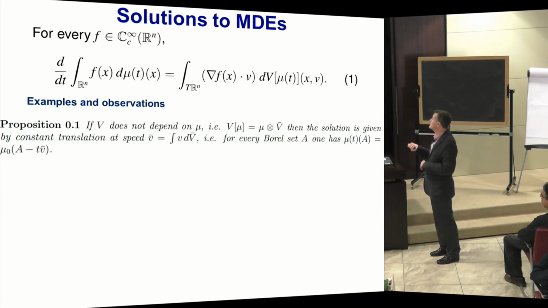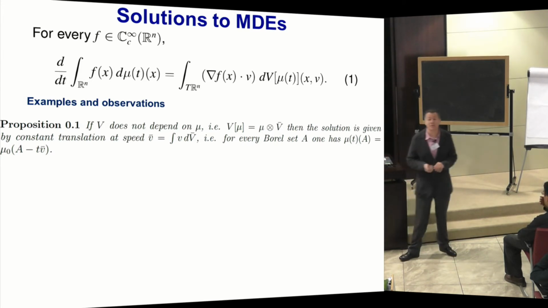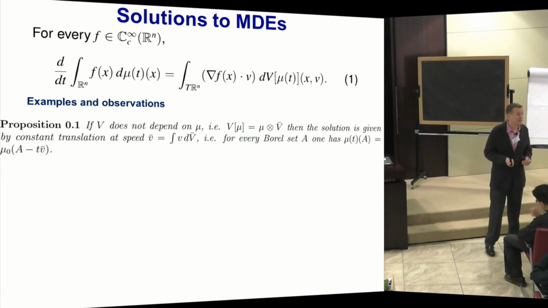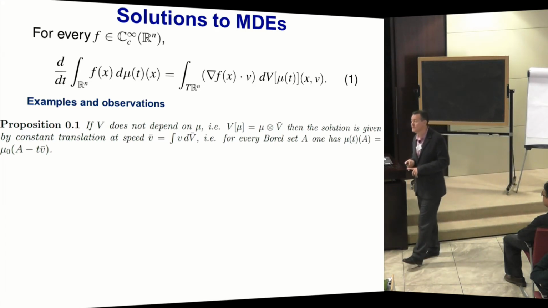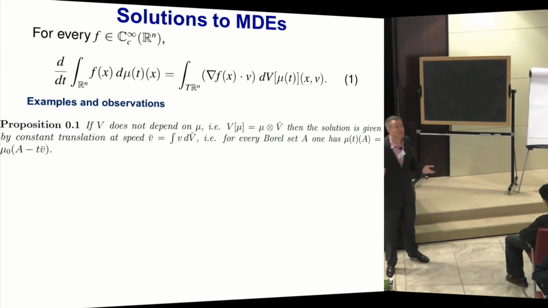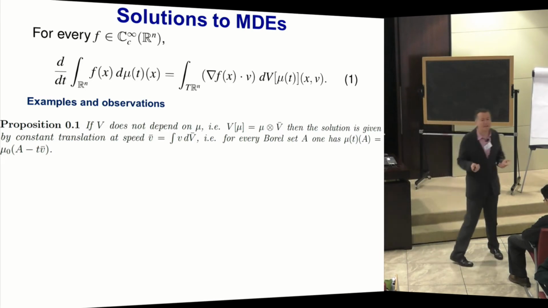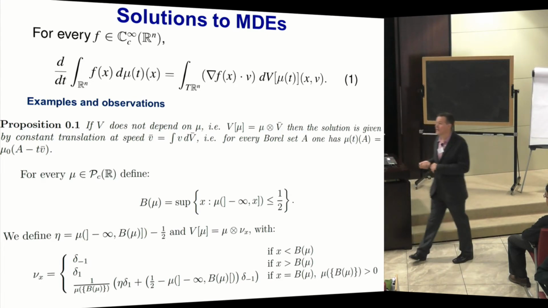And then any solution to this equation is just the translation with constant speed. So in particular, you see that what happens in the fiber really doesn't matter. What matters is just the average. In particular, if you take, say, 1/2 of a Dirac mass centered in -1 and 1/2 in +1 over the fiber, nothing will happen because the average is 0 and every solution will be just constant. Let me give you a very different example.